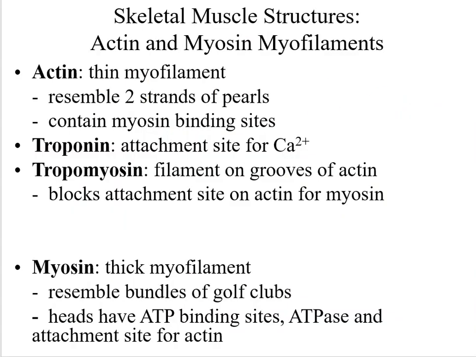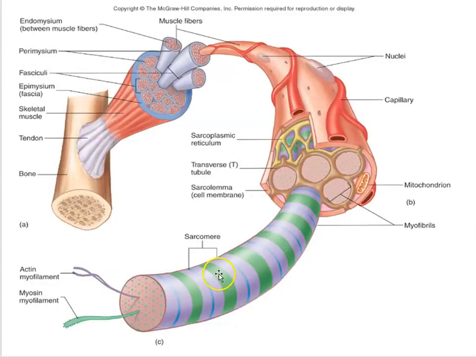The muscle fiber's main ingredient is the myofibril. We talked about that. These are bundles of very thin thread-like proteins called myofilaments. Remember, each myofibril is a bundle like a sewing thread.